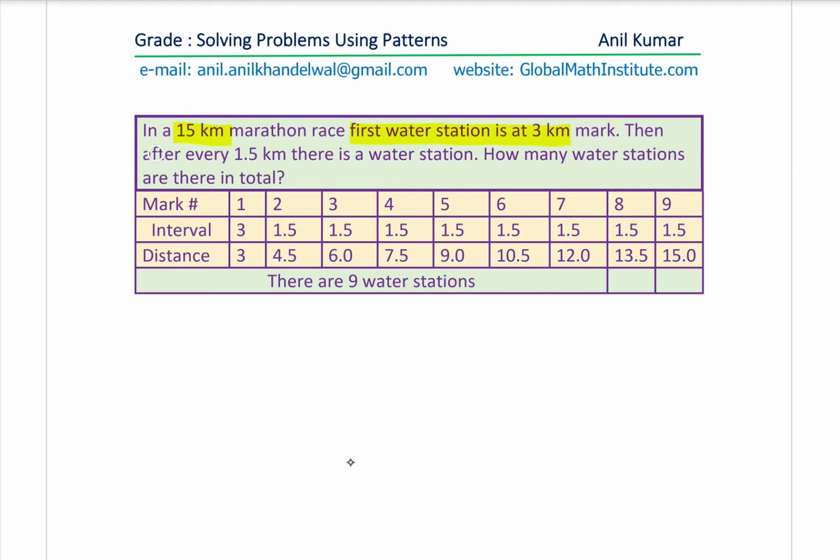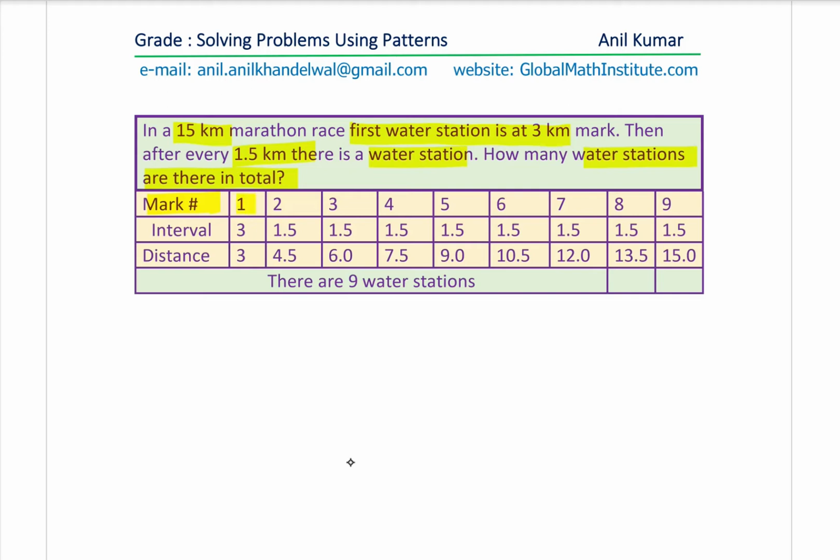The first water station is at the 3 kilometer mark. Then every 1.5 kilometers there is a water station. How many water stations are there? We want the number of water stations, correct? That is what we want. And that depends on the marks, the positions where the water stations are placed.